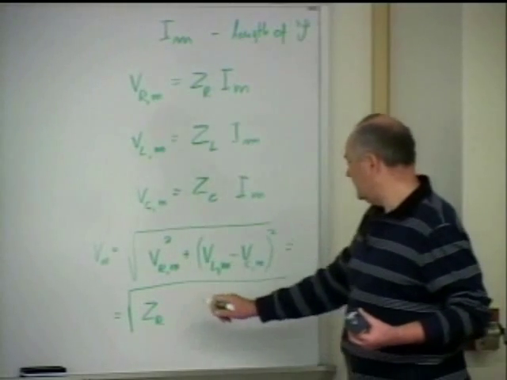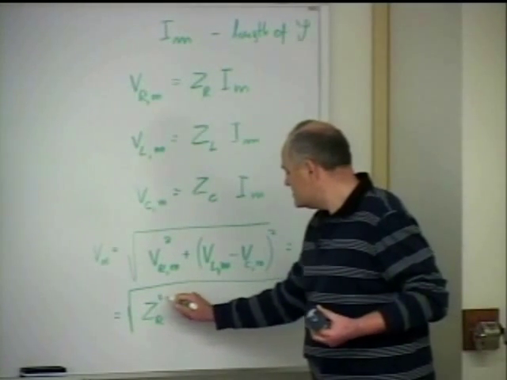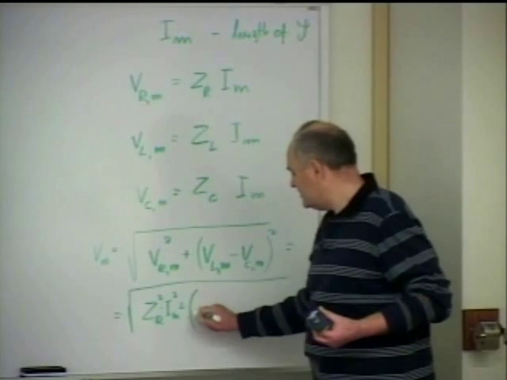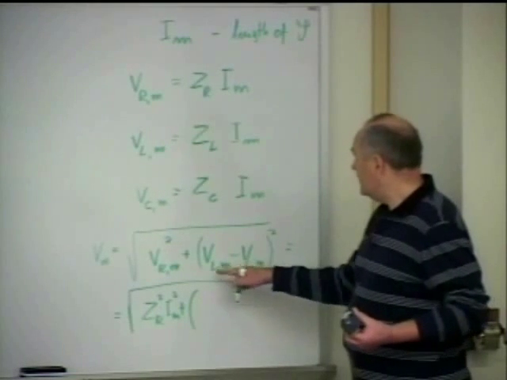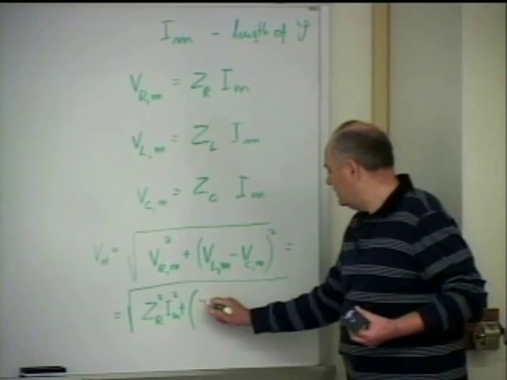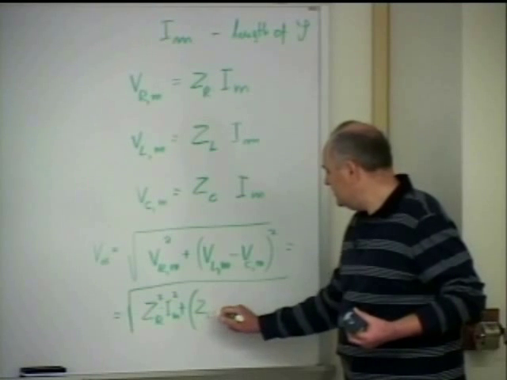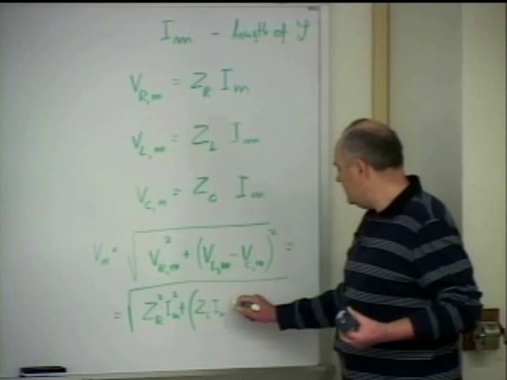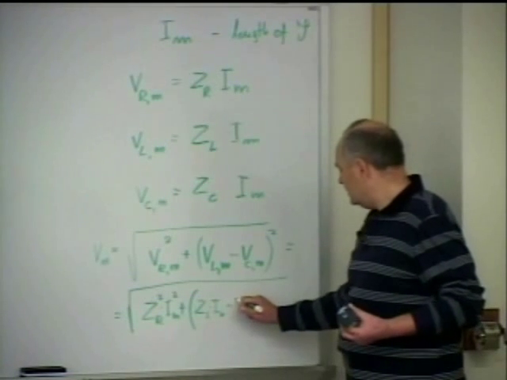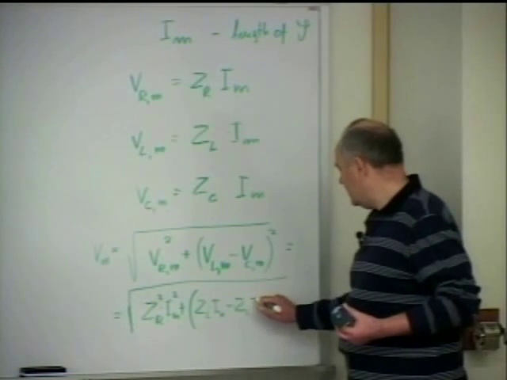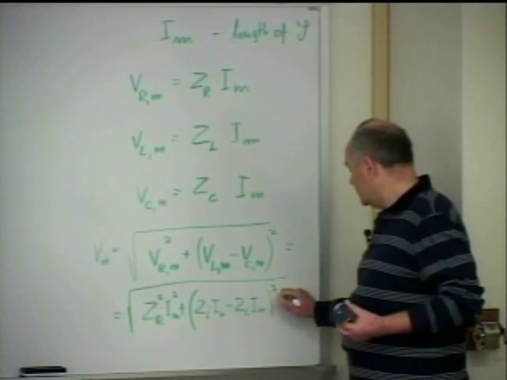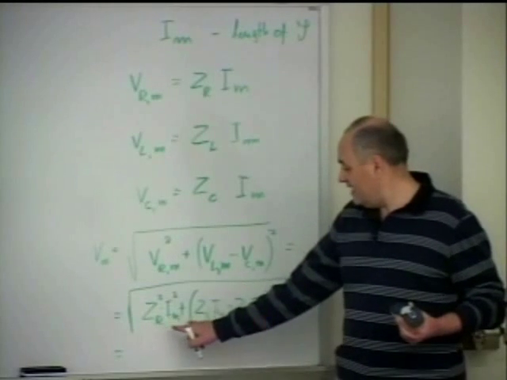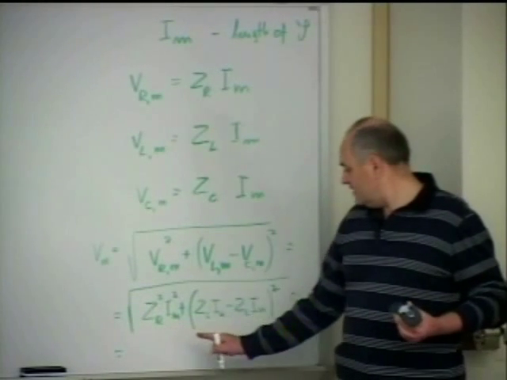I have the peak value of the current everywhere, so I can pull it out, and I will have ZL minus ZC, and I will have to square it. I can take it completely outside of the square root. And here I will have the square of the impedance of the resistor plus the difference of impedances squared.